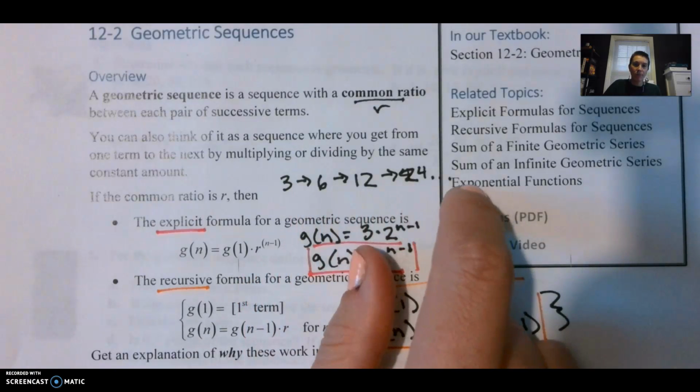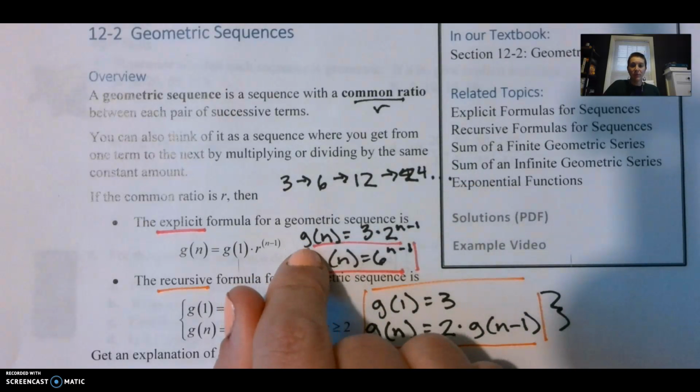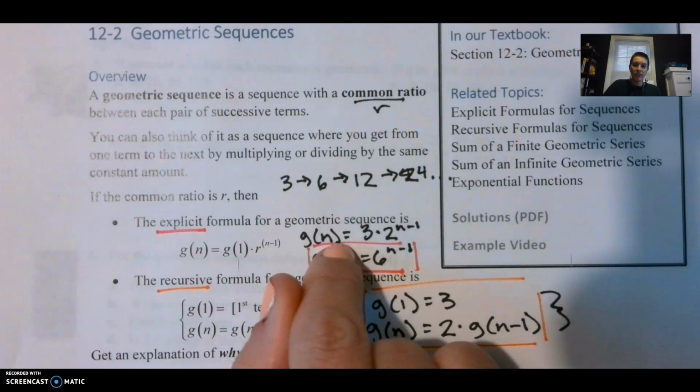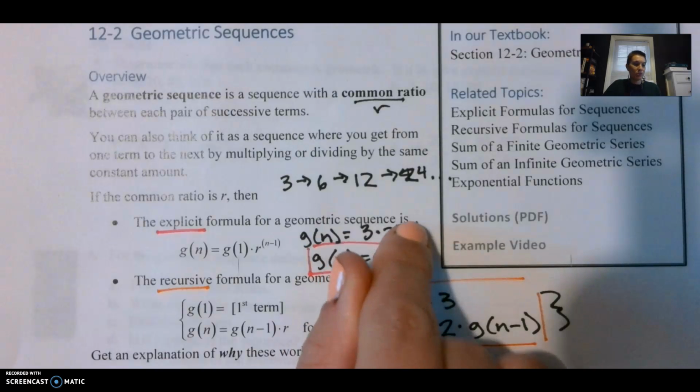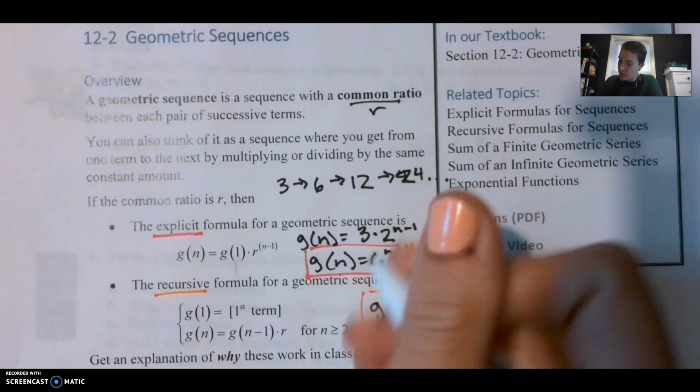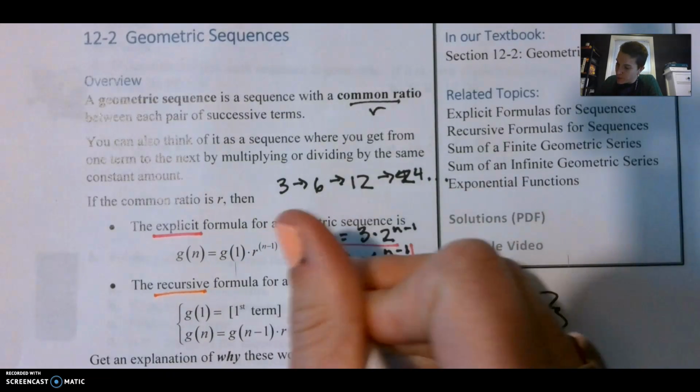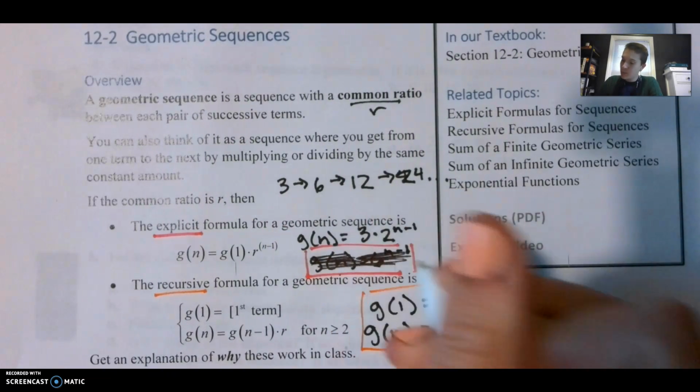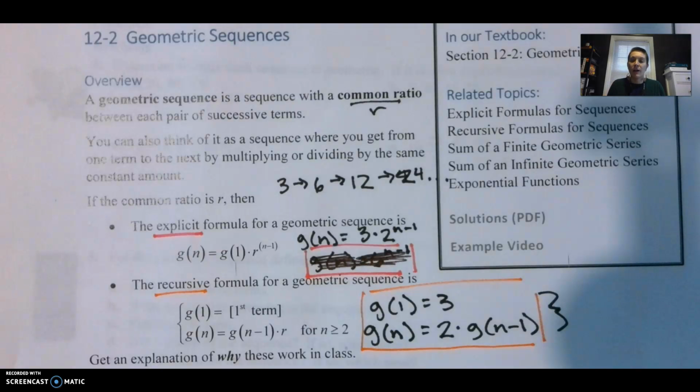With our explicit formula, we would say g of n equals 3 times 2 to the n minus 1. If you remember PEMDAS, exponents come before multiplication, so we can't do those in one step together.